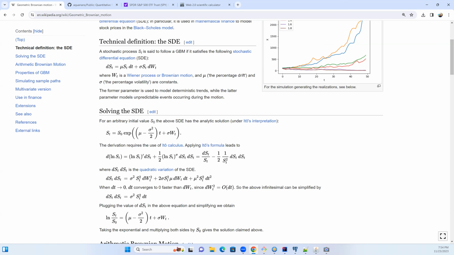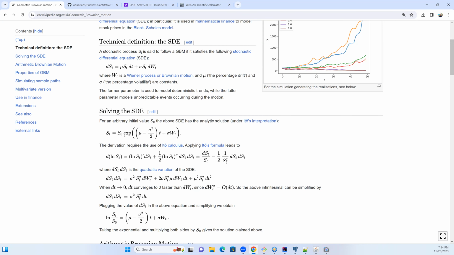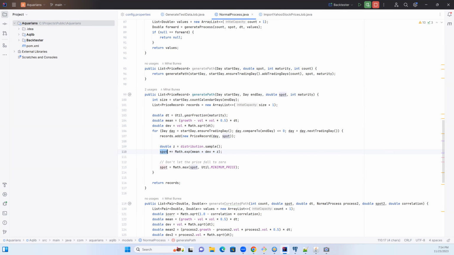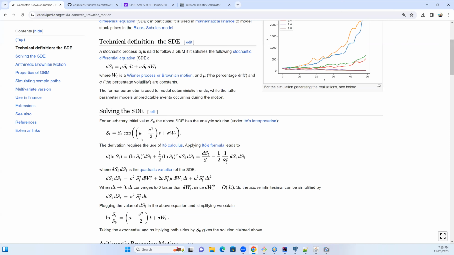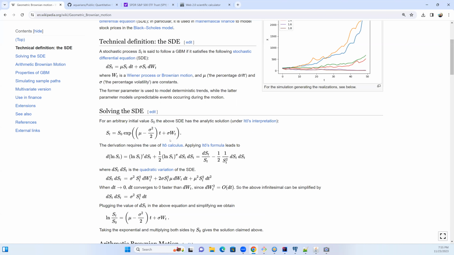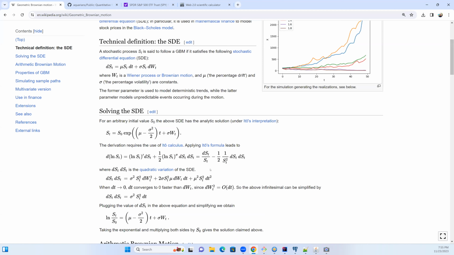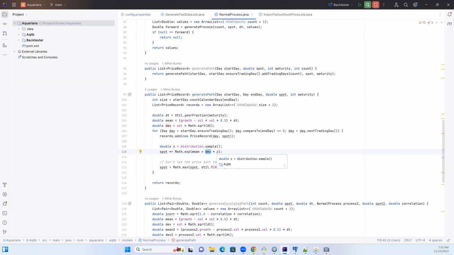So the price on the next day, which means the spot on the next day, is the spot of today times the exponential of a mean, which is mu minus sigma squared over 2, multiplied by time, so how much time has passed in a day, plus sigma times, now this is the tricky thing that we'll discuss next time.